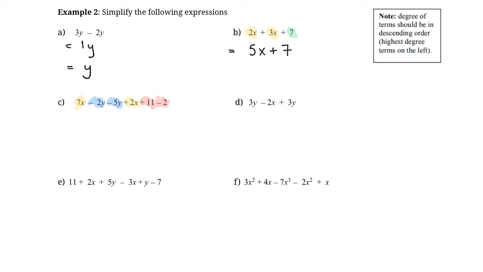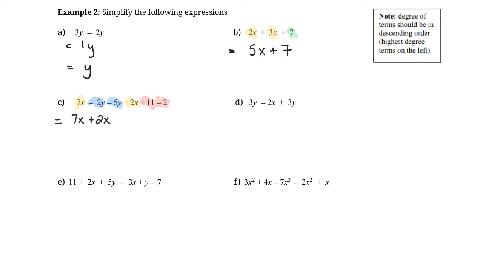All right, so let's go ahead and on our next line, we're going to put an equal sign and we're going to group together or collect all of our like terms. So let's start with our x's. We've got 7x, and then we also have a positive 2x. Okay, let's move on to our next set.